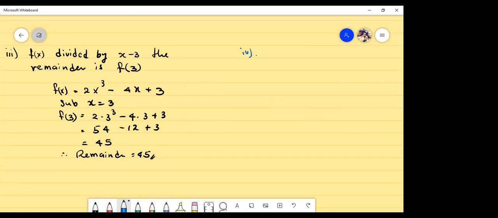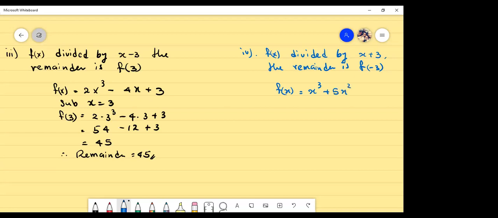Fourth one, f(x) divided by x plus 3. The remainder is f of minus 3. Then f(x) equals x cube plus 5x squared minus 5. Here we substitute x equals minus 3.